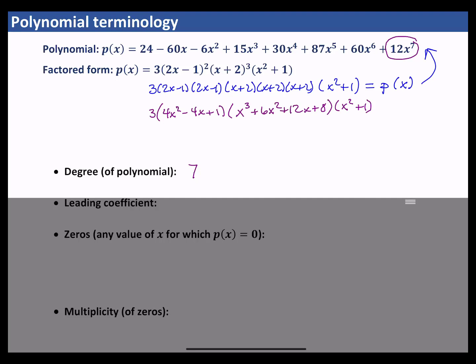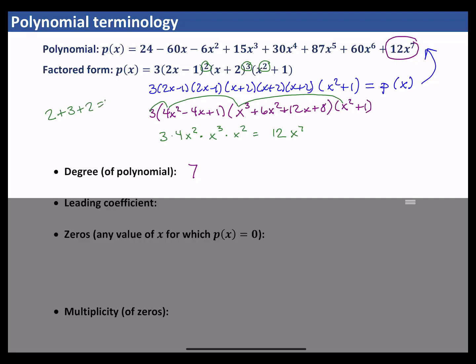And if we imagine multiplying the first term in each of these resulting factors together, the result would be 3 times 4x squared times x cubed times x squared. And simplifying this quantity by multiplying 3 times 4 and adding the exponents together gives 12x to the seventh. Thus the degree is 7, just as we saw in the expanded form of the polynomial.